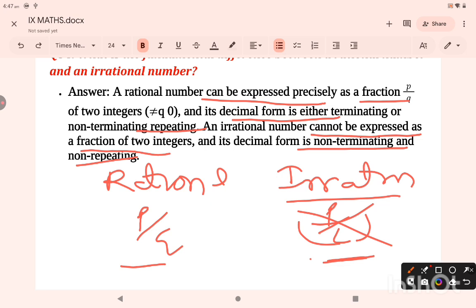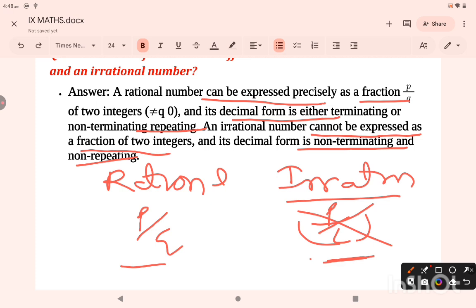Every rational number can be expressed in the form of p by q. The decimal expansion of every rational number may be terminating or non-terminating recurring. For irrational numbers, every irrational number cannot be expressed in the form of p by q.